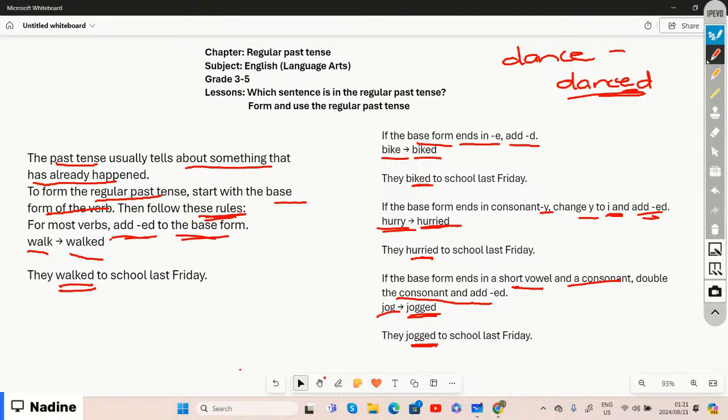So we add an ed to the base form of the word. A few more rules: if the base form ends in E, we add a D. If the base form ends in a consonant Y, we change the Y to an I and we add ed.